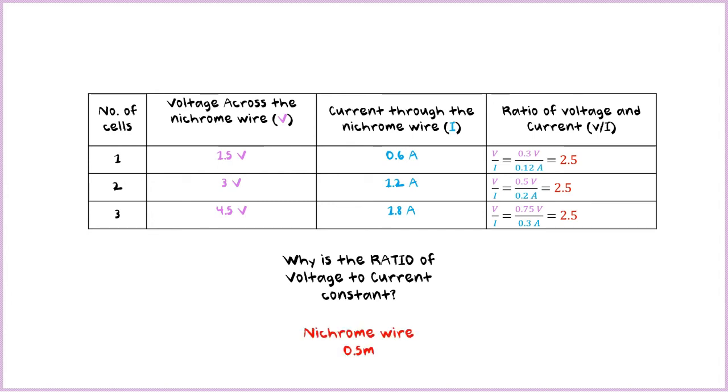Because our nichrome wire remains constant, which is 0.5 meter in length, our ratio would always be constant. And we refer to it with the symbol omega. So our symbol for resistance is omega.